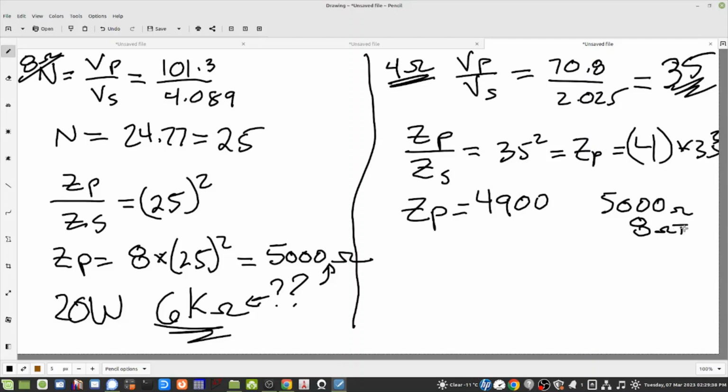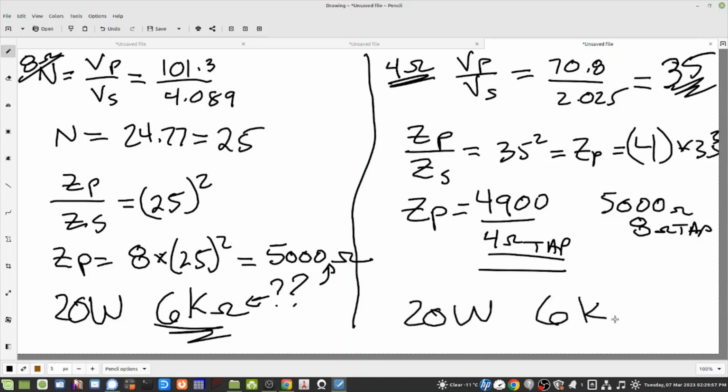8 ohm tap, and this is the 4 ohm tap. Again, 4 ohms or 8 ohms. This Chinese transformer was a 20 watt 6K according to the documentation, and 5,000 is pretty far away from 6,000 ohms.